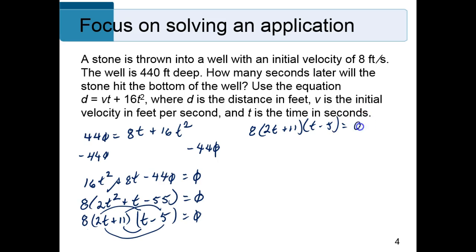That's equal to 0. Why did I write that again? I don't know. What do you do with that now? Now you have 3 factors that multiply to be 0. What does that tell you? Anything?